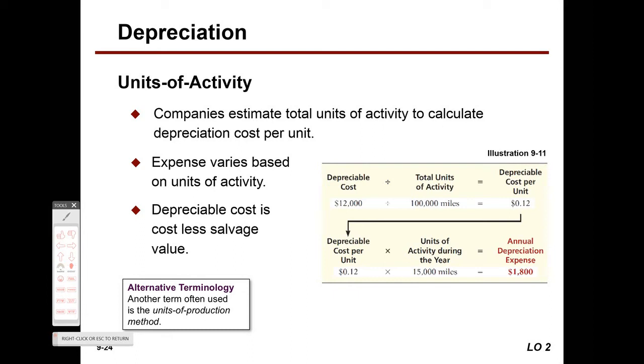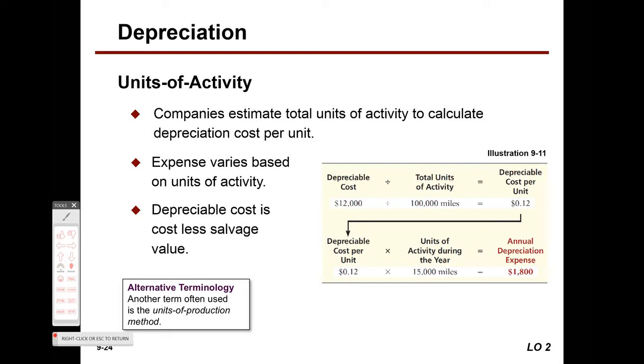So again, we have taken the $13,000 truck cost less the salvage value to get a depreciable basis of $12,000. You may recall the truck was estimated to last for 100,000 miles. So we take depreciable cost divided by the measure of activity and get 12 cents of depreciation per mile.